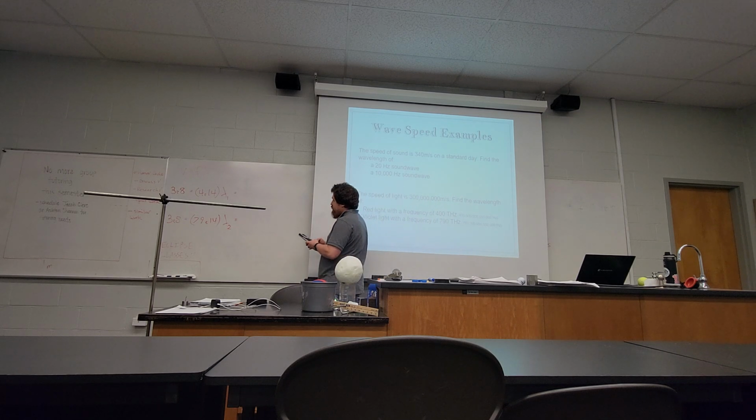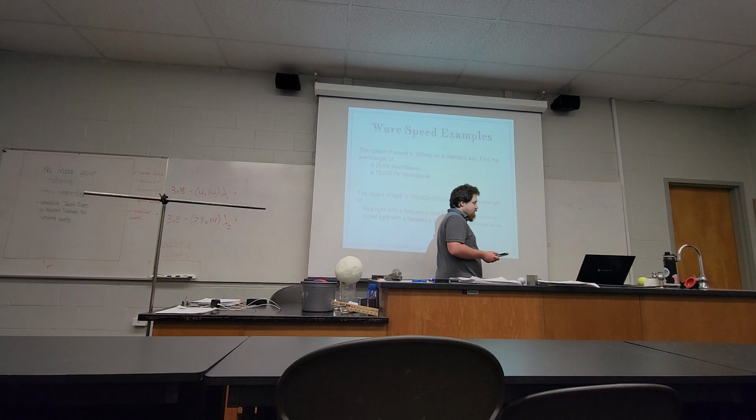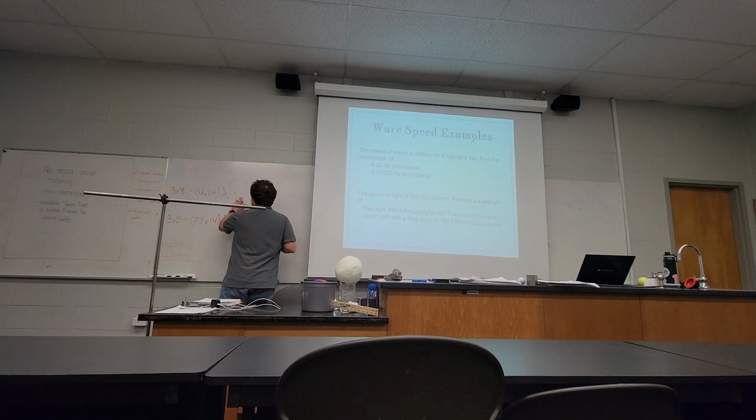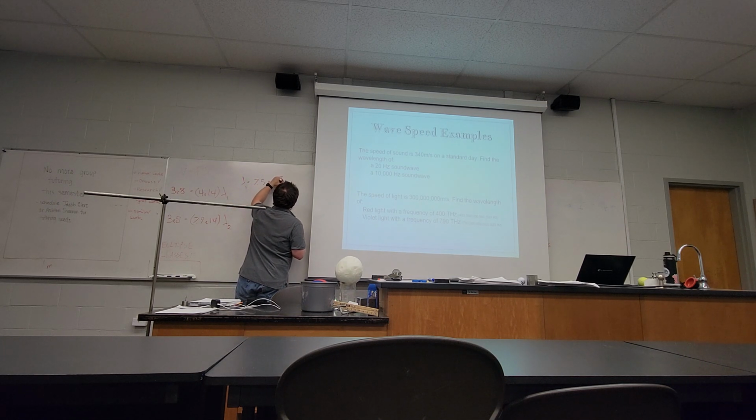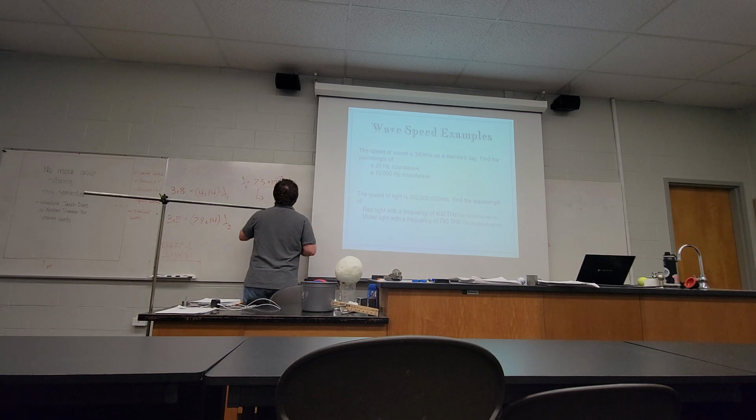E8 divided by 4E14. Wavelength 1 comes out to be about 7.5 times 10 to the negative 7th meters. If I was to rewrite that with a metric prefix, I would call that 75 micrometers.